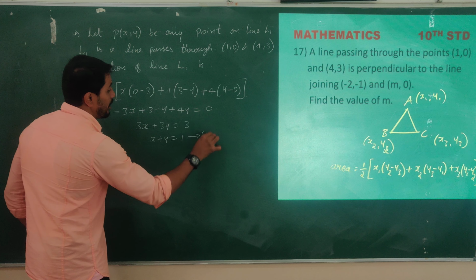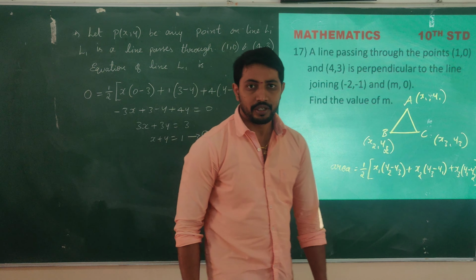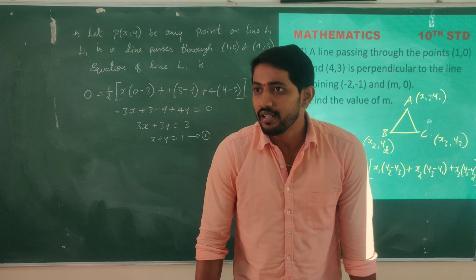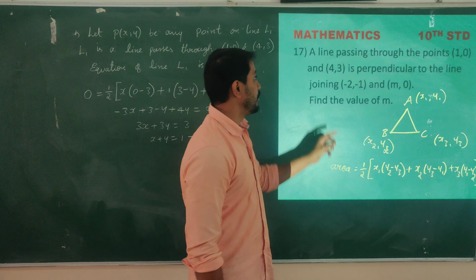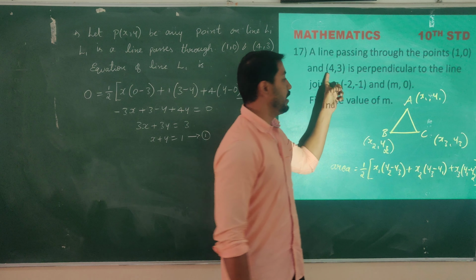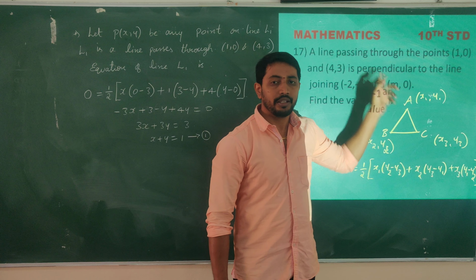Call this equation 1. Equation 1 represents the line passing through the points (1, 0) and (4, 3).